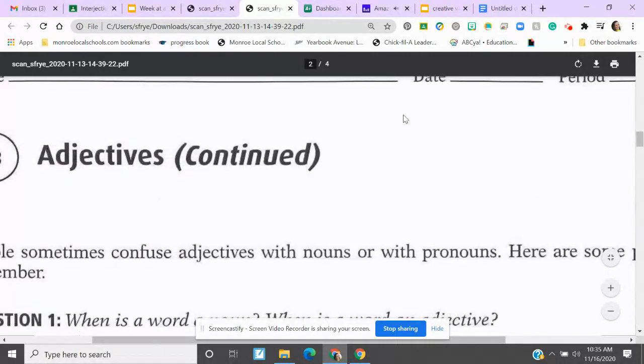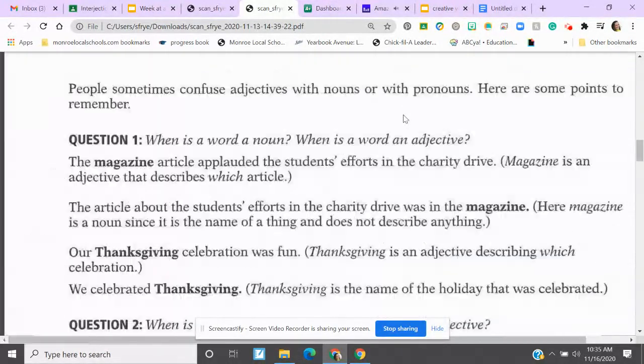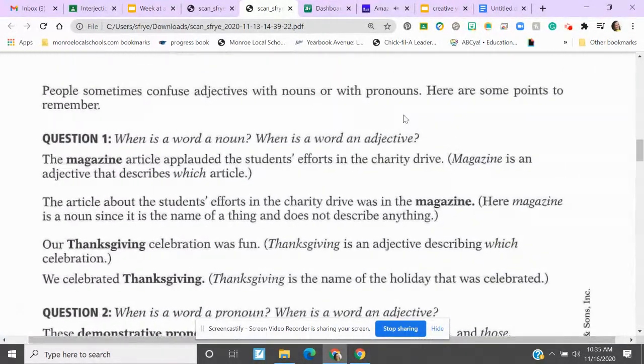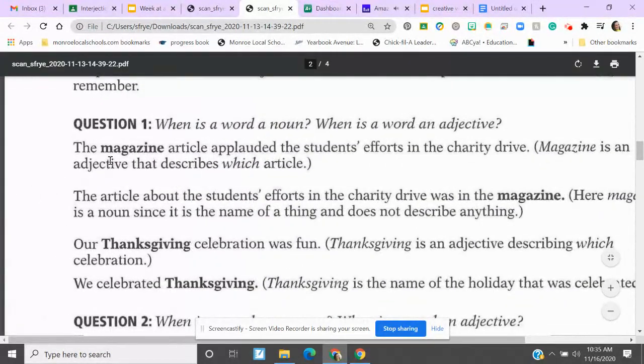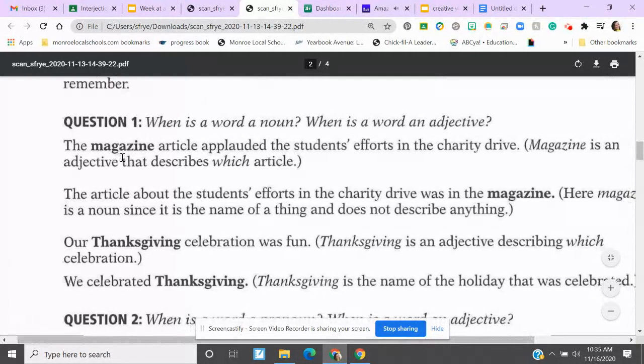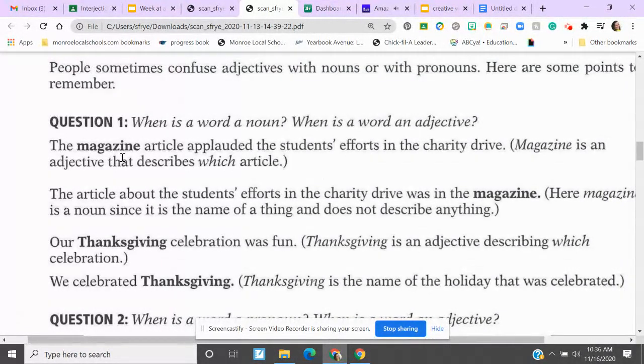Then it does get a little bit more confusing because of things kind of like American. Sometimes words look like nouns, but they are actually adjectives in the sentence. Look at the word magazine. This is what people do all the time: they don't read the sentence, they see the bold word and say, oh, magazine's a noun, and they write noun, because a magazine is a thing.